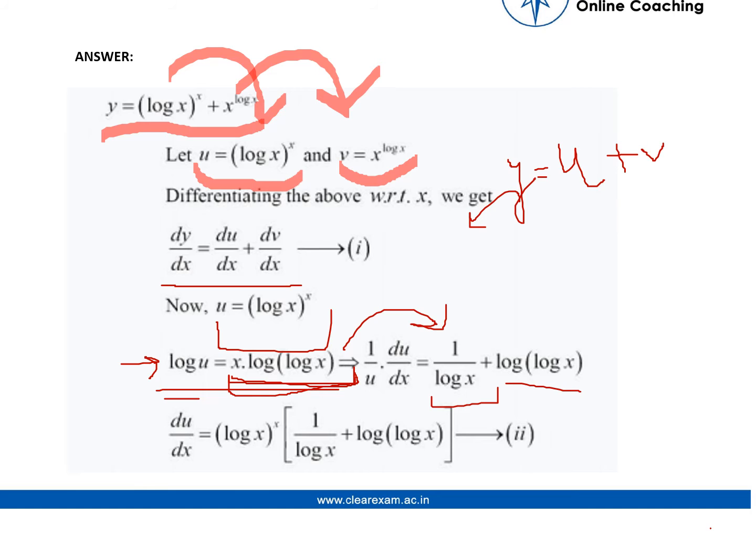Now we've just rearranged this suitably, and we've also replaced our u here, because we already know that u is equal to (log x)^x. So we've just replaced it here.